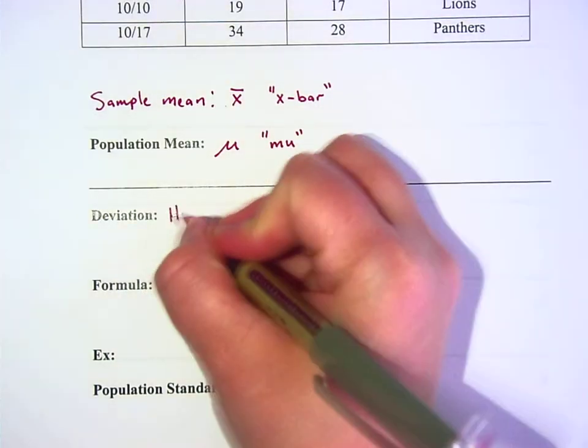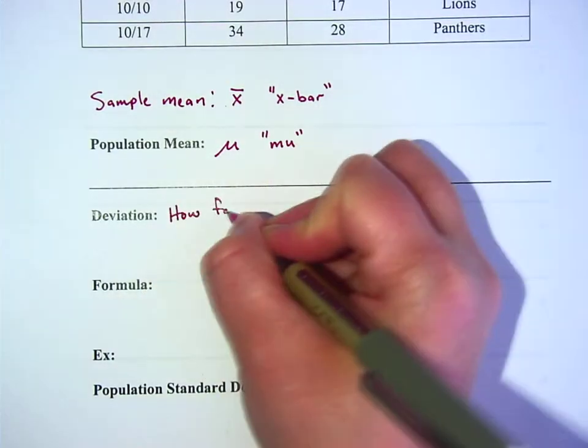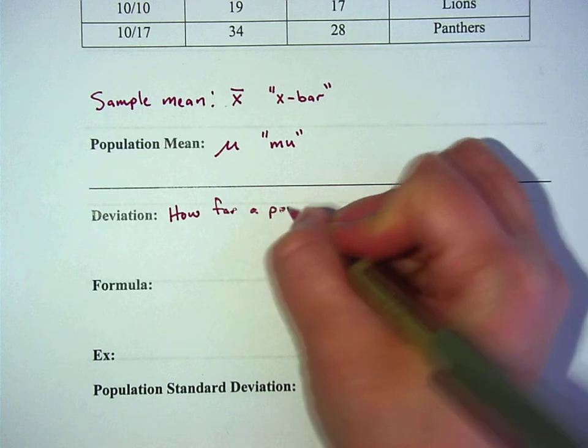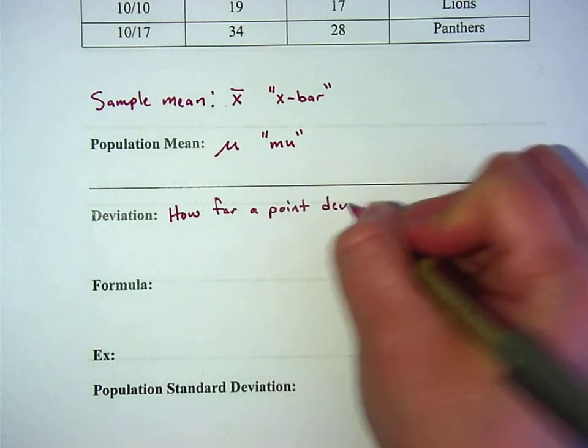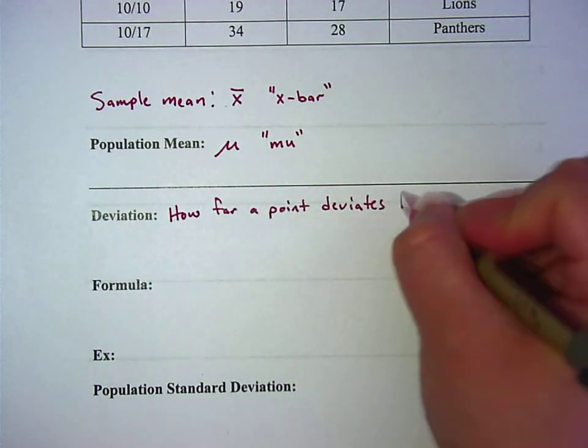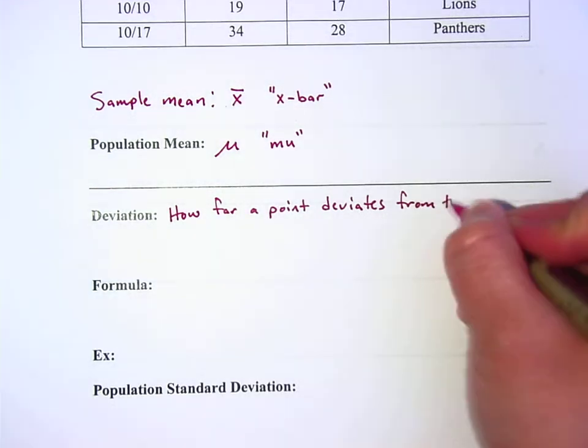All right, now a deviation is how far a point deviates from the mean.